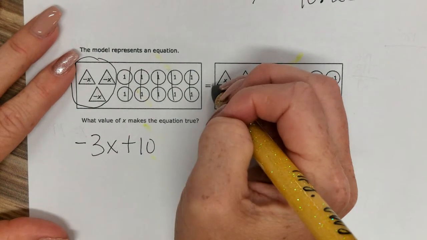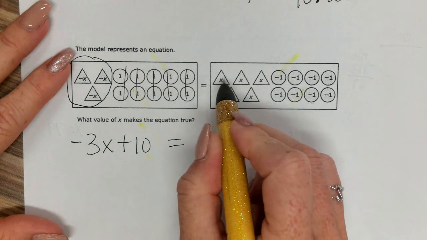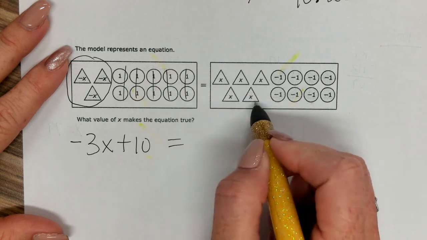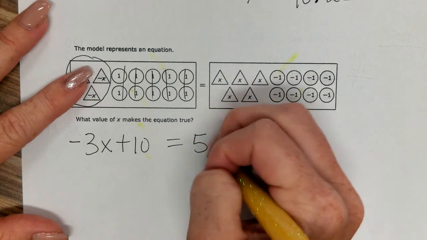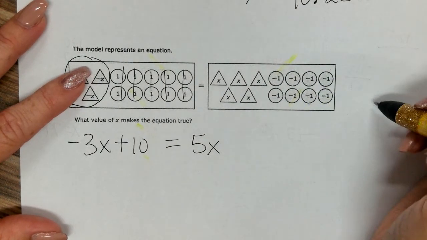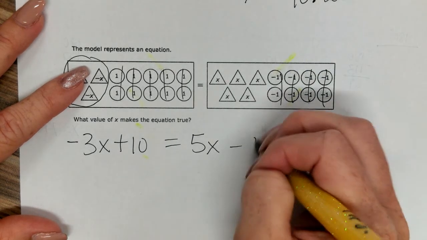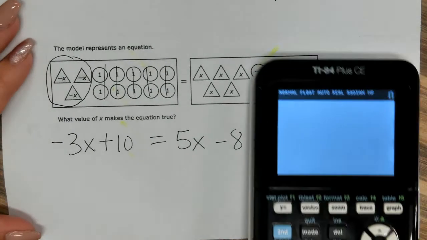And then here's my equal sign. Now how many are right here of these? And are they x's or no? Are they positive or negative? So positive 5x. How many 1s are here? And is it plus 8 or minus 8? Minus 8. All right, go put it in your calculator and let it solve it for you.